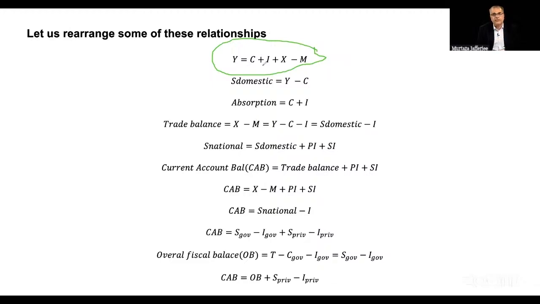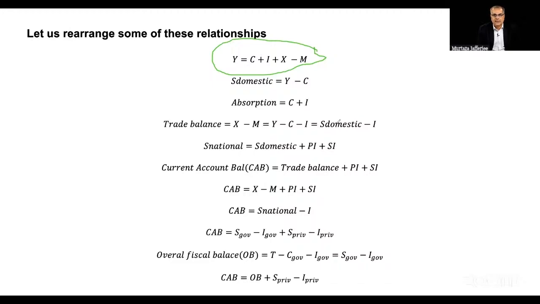And if you take this equation where I'm pointing to and rearrange it, X minus M can be written as income minus consumption minus investment. And that is the same as this relationship, savings domestic, Y minus C minus I.